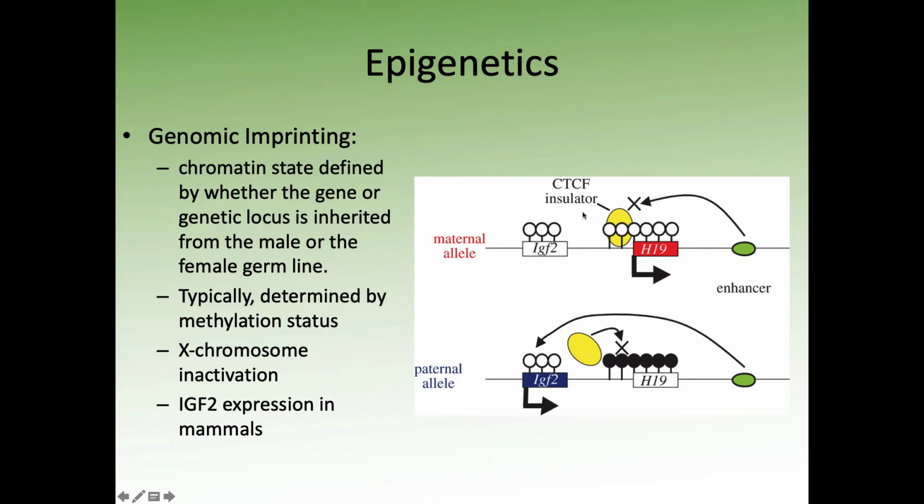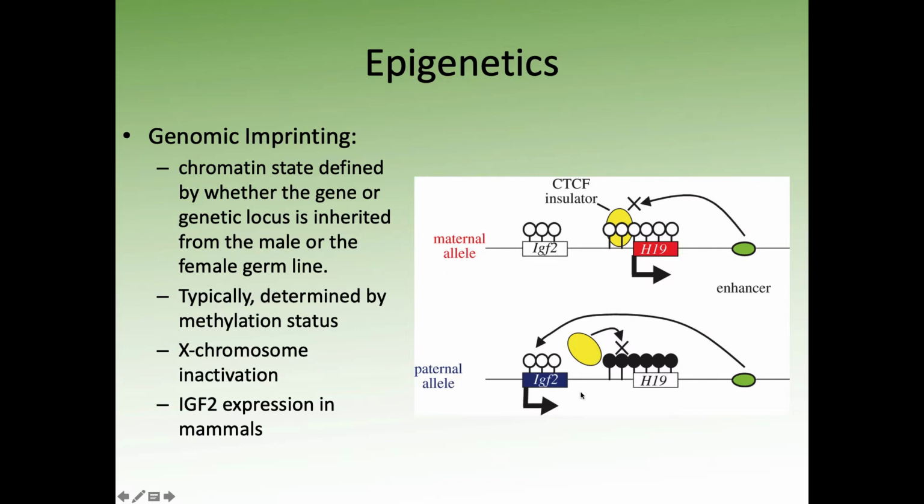When there is no methylation, an insulator binds in this site in between IGF2 and this enhancer, and it inhibits IGF2 from being expressed, and actually expresses a gene called H19 instead. Whereas the paternal allele has a bunch of methyl groups here, so CTCF cannot bind to the insulator site.